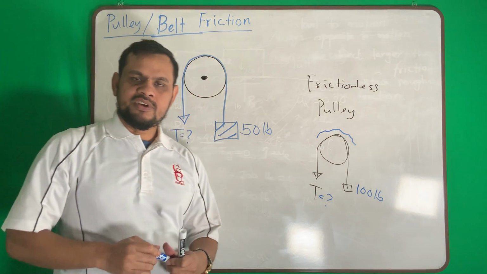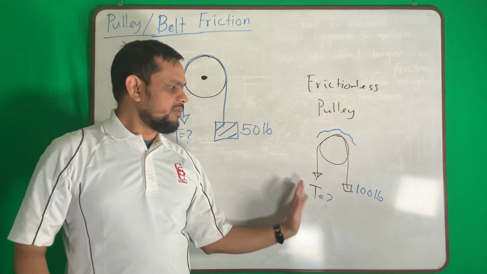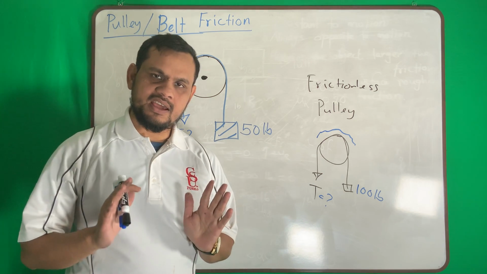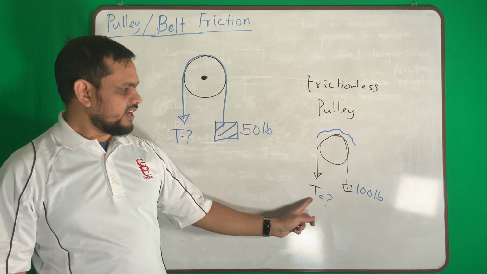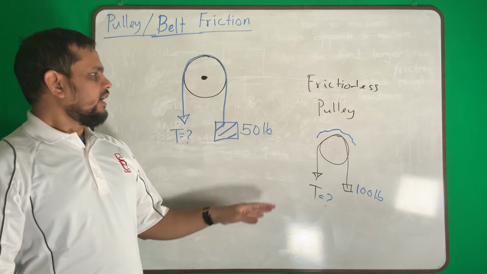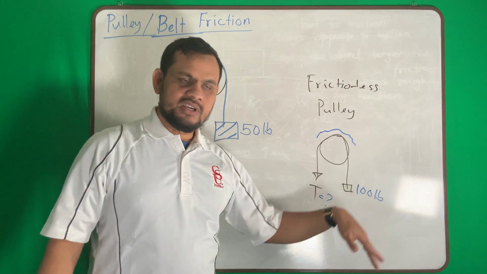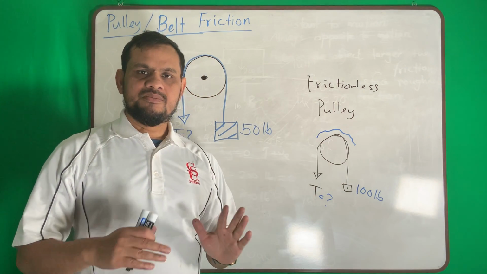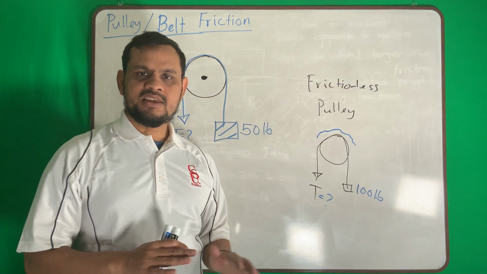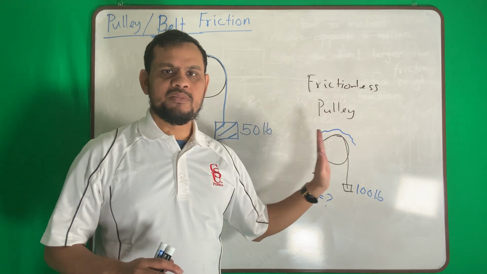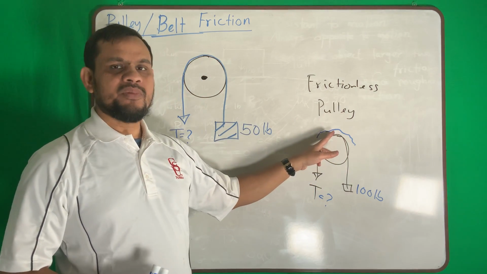If there is no friction, the tension on both sides of the cable is equal. That means the tension here is 100 pound. At that time I told you same cable, same load, because there is no friction.